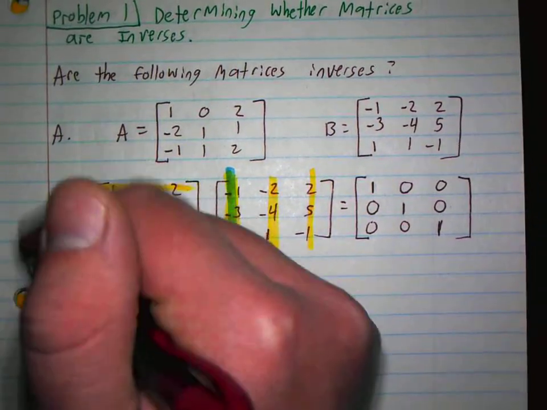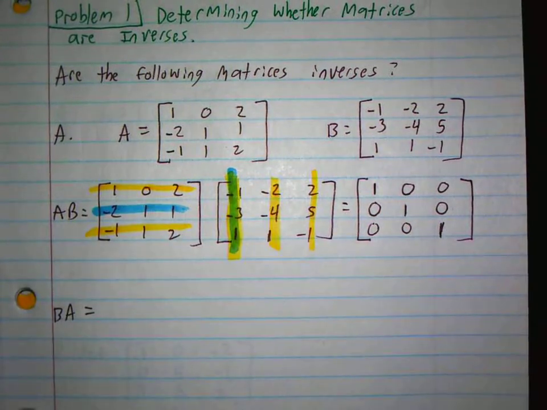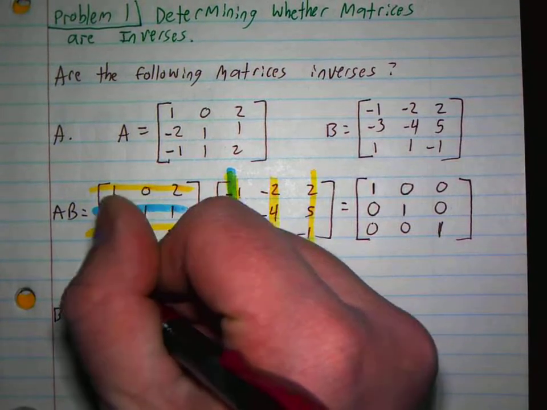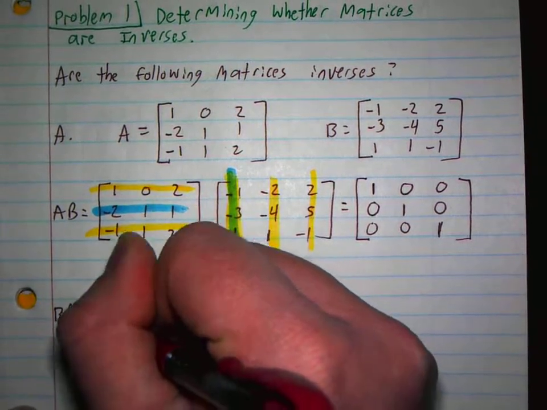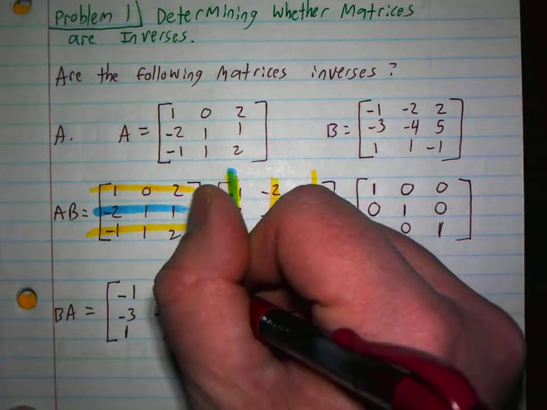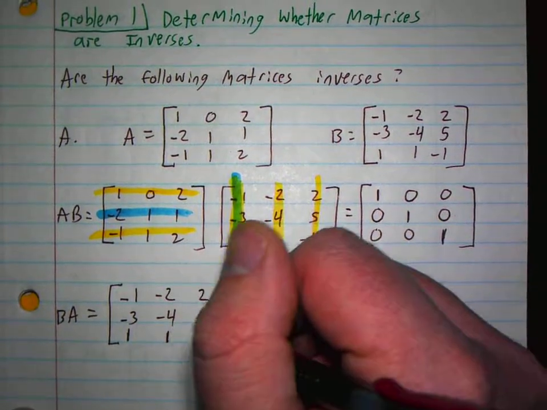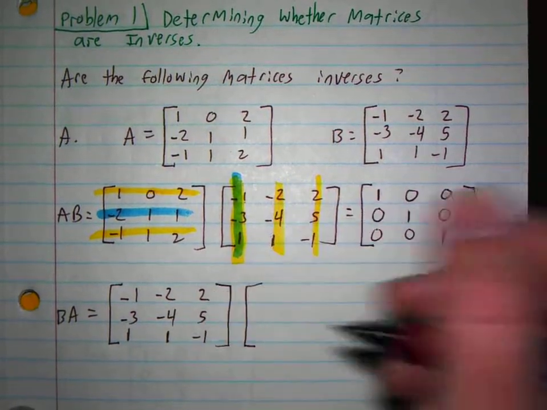Now, we have to take B times A. So this matrix, which is matrix B, times matrix A.